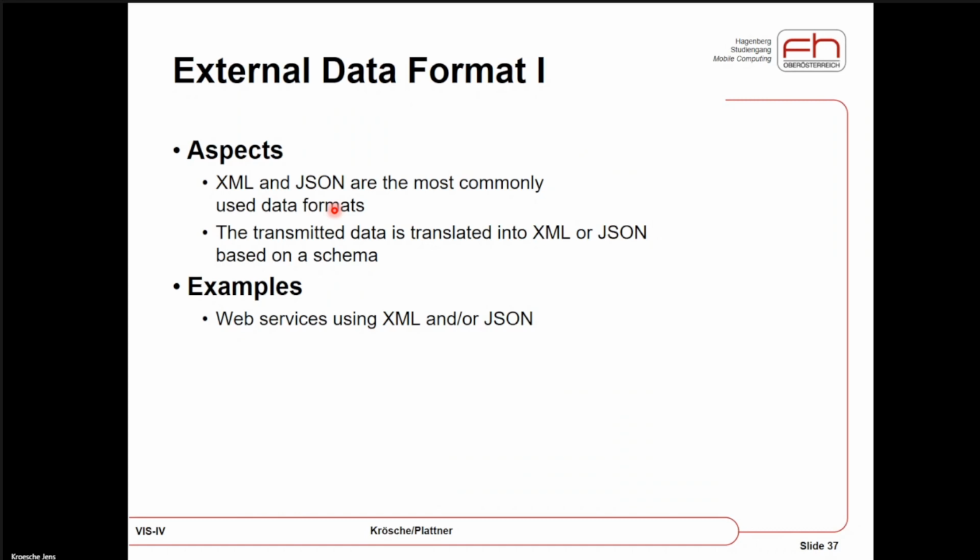So XML has quite a huge overhead, which is the reason why JSON is currently favored, because it has less overhead. Nevertheless, XML has some features that JSON doesn't offer. And of course, you need to decide, okay, do I need these features or are they just overkill? And in my situation, I can go with the less featured, but faster version.